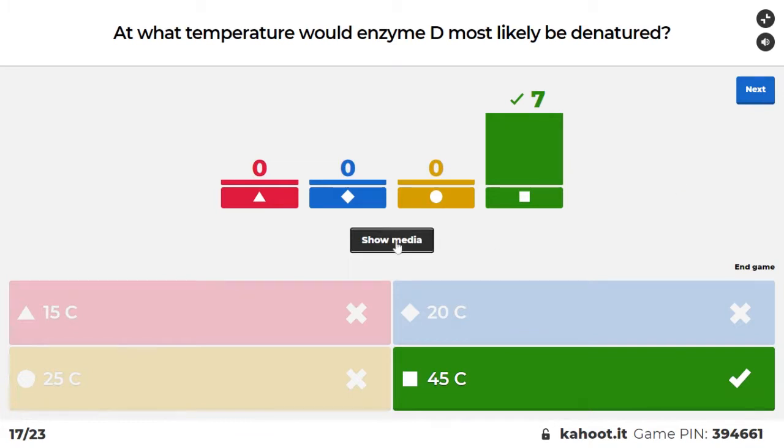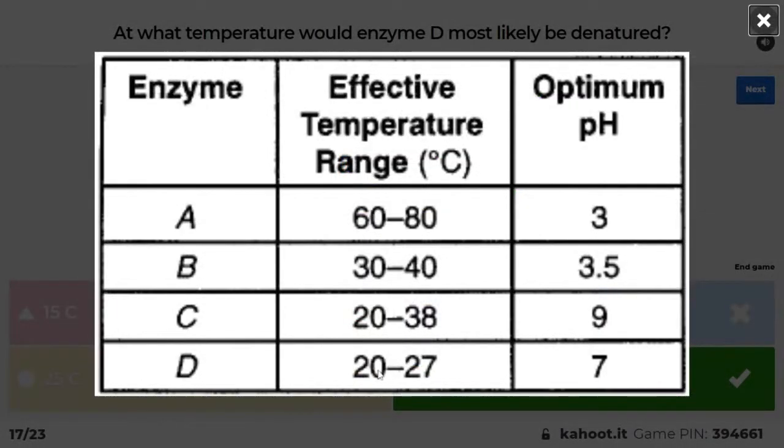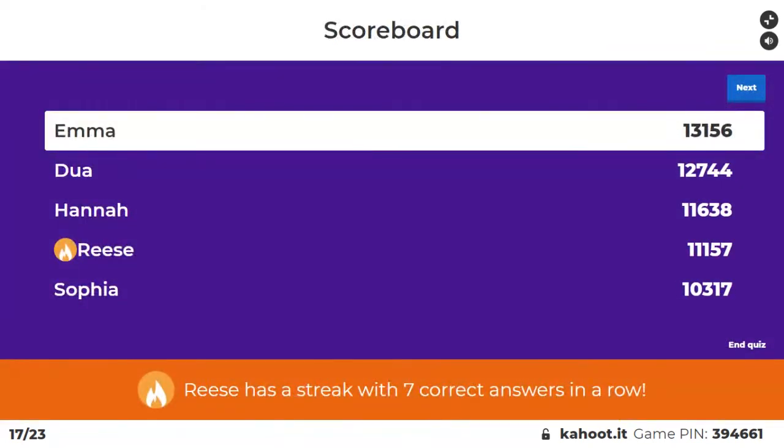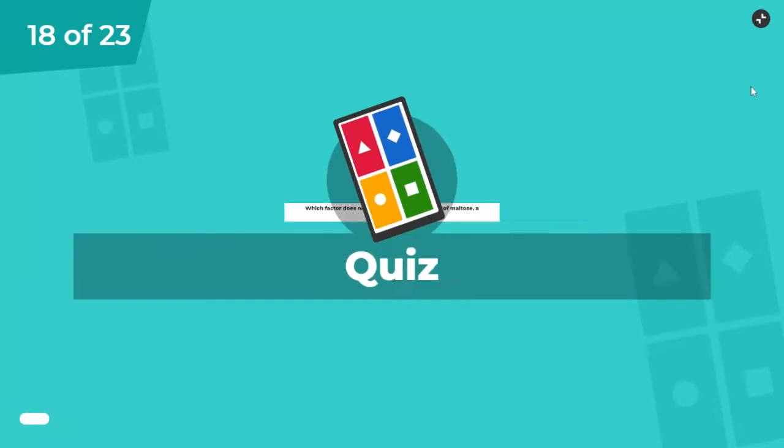So if its optimum temperature is between 20 and 27, then you're looking for a much higher temperature in order to denature it. You're looking for something higher than this range, right? So then 45 is great because all the other numbers are within its effective range. So you chose well. Very good. Nice job.